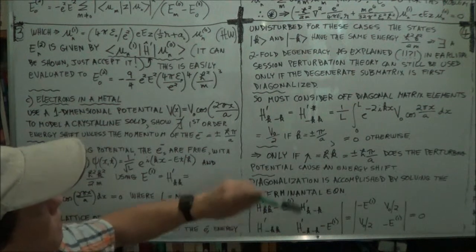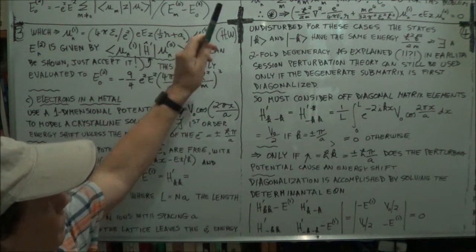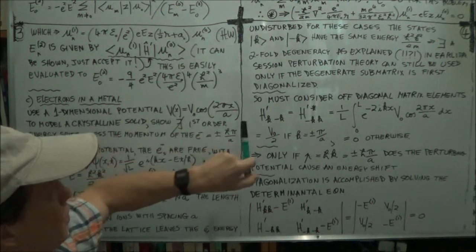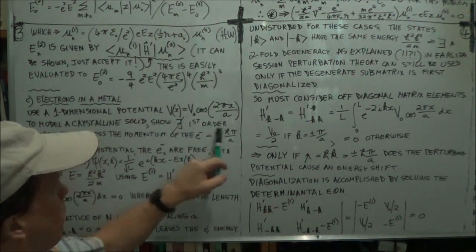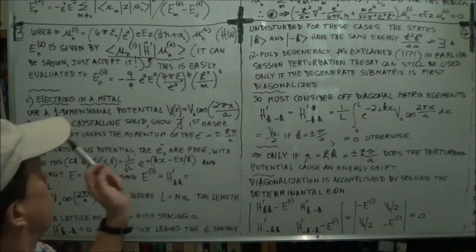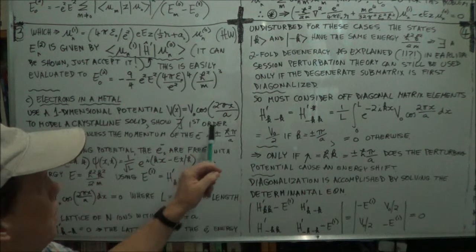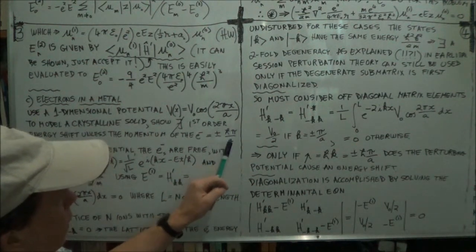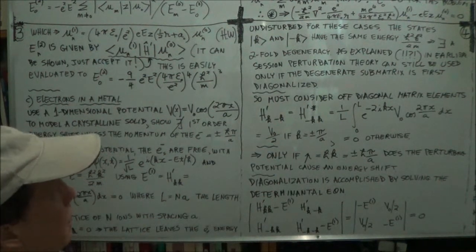Okay, so getting back to this problem, we need to show the exception, that the first order energy shift is not 0 under these circumstances when the momentum is h bar pi over a. So where does that come from?